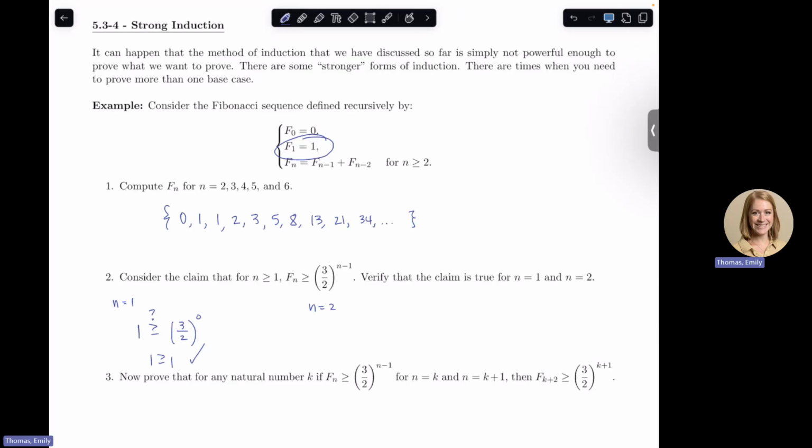For n equals 2, f sub 2 is 1, right? But 3/2 to the 1 is 3/2. 1 is not bigger than 3/2. Right? Am I doing something wrong?